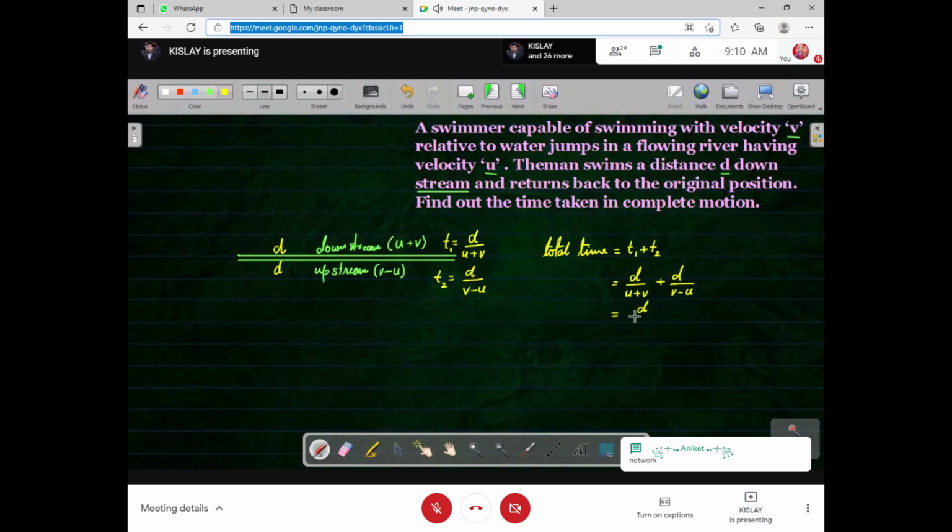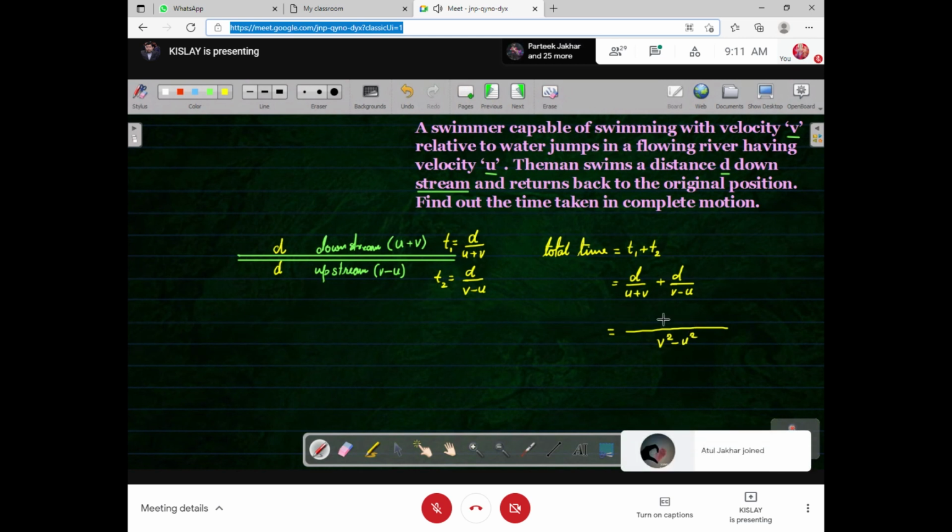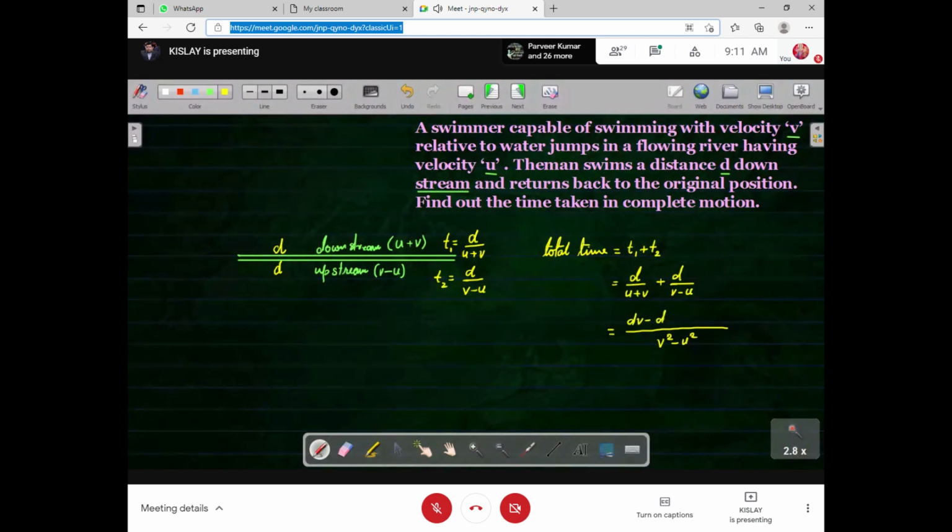Okay, so it will be d by v square minus u square, it is the answer, into... look carefully, if I add this, I skipped one step here, we just have to make it clear. Now we will add this, the LCM will be v square minus u square, and here it is d into v minus d into u plus d into u plus d into v.